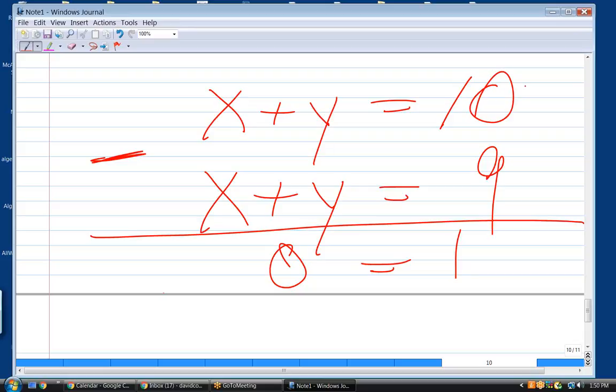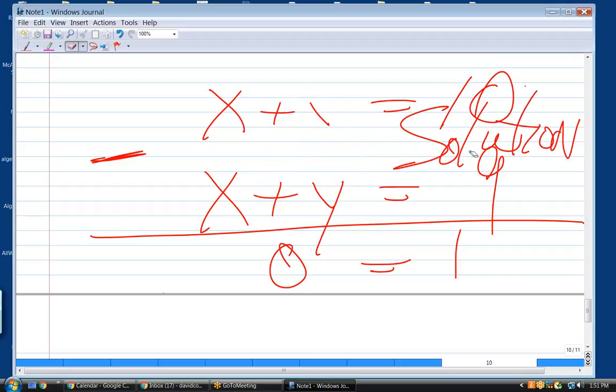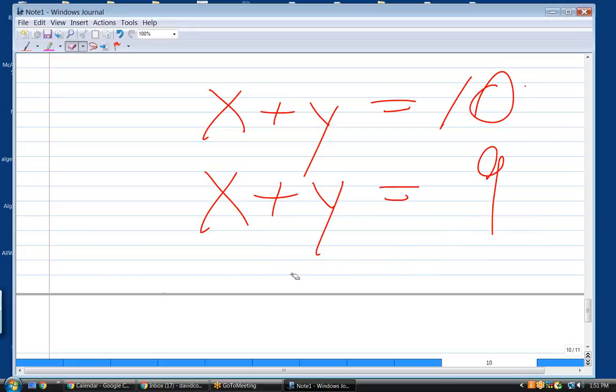When you get a number equals a different number, that means there was really no solution. And there's no solution because these two equations are contradicting one another. You can't have x plus y equal to 10 while at the same time having x plus y equaling 9. You just can't do it.